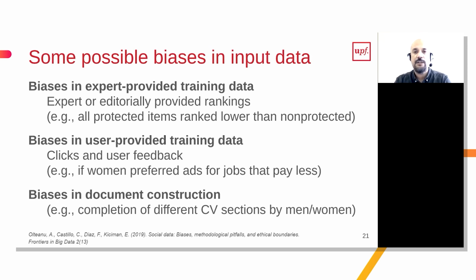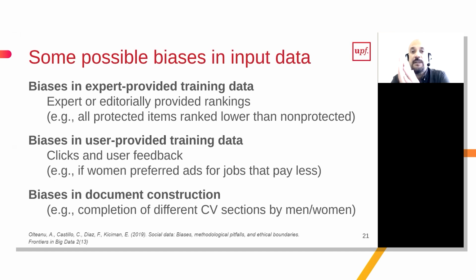And this was not intentional on Airbnb's part, and was to a large extent a phenomenon that emerged out of the behavior of users. So the user-provided training data may be skewed, may be biased.